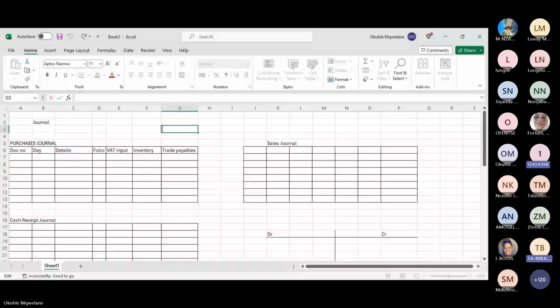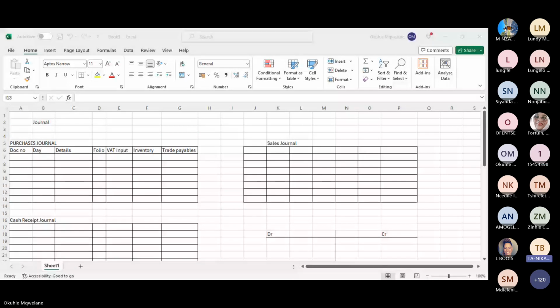Don't take the VAT and inventory columns out. We'll just put zeros there, because the rule usually says if there is no amount going there, you just have to put zero. But it's fine, you can just leave it. The thing is that VAT wasn't asked to be calculated currently. I understand that VAT, and we are not given whether it's periodic or perpetual.